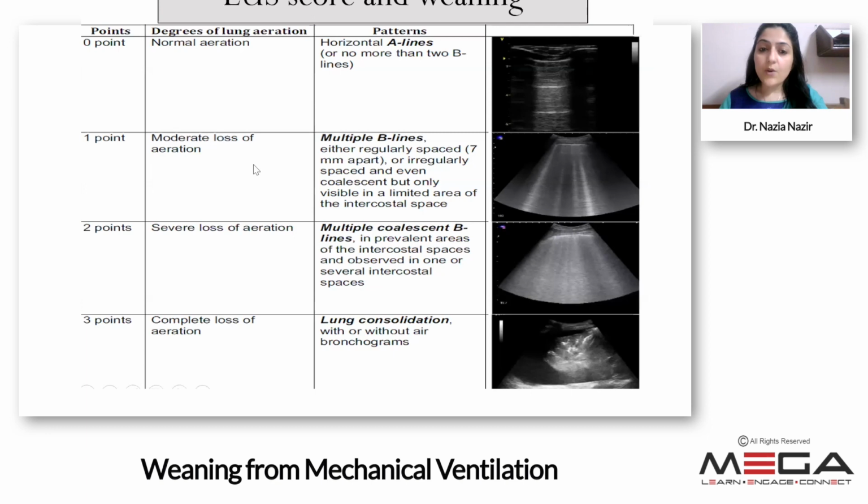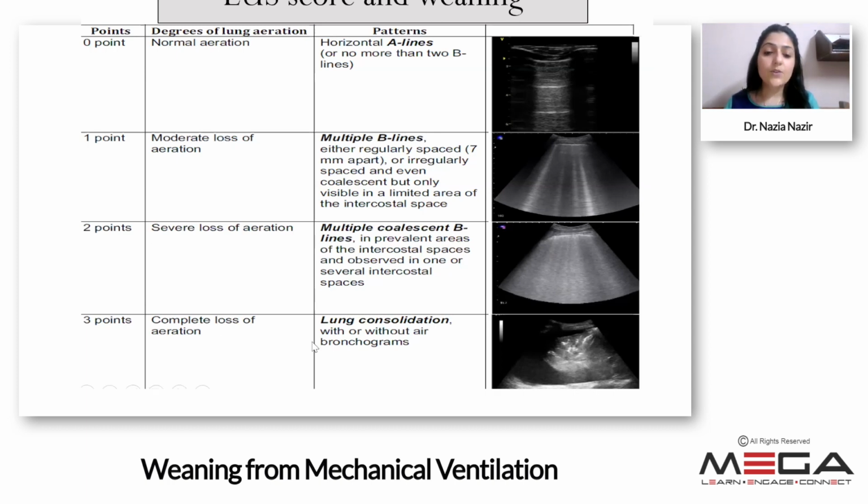For moderate loss of aeration, multiple regularly spaced B lines can be present, that is, vertical lines can be seen, but only in a limited area of the intercostal space. So a score of 1 is given. For severe loss of aeration, multiple coalescent B lines in the intercostal spaces will be observed, and a score of 2 is given.